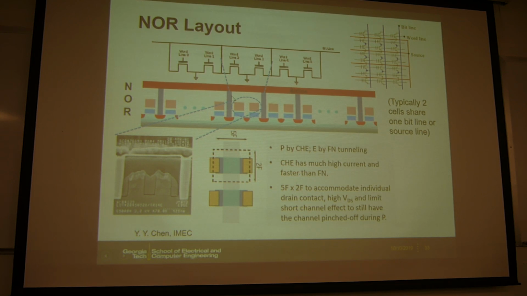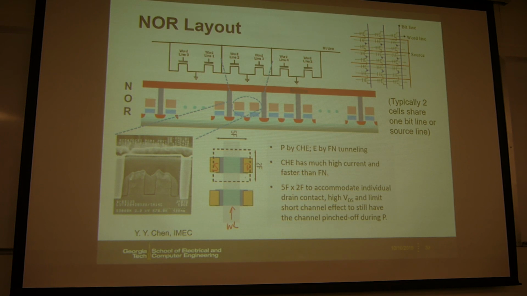And then if you map to the cross-sectional view of the chip, it will be something like this. And then here, from the top view, the layout is something like this. Okay, so it is just one floating gate transistor. So this is the top view, and this is the word line, the gate, and this is source and drain.